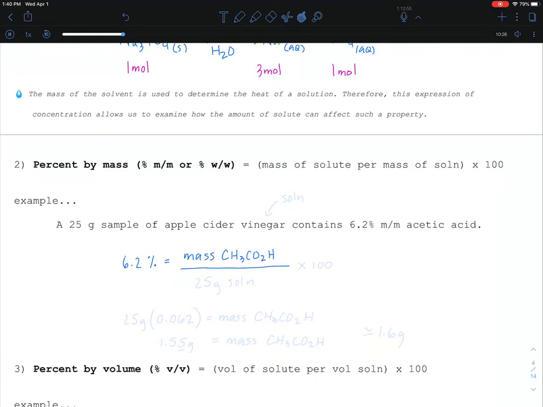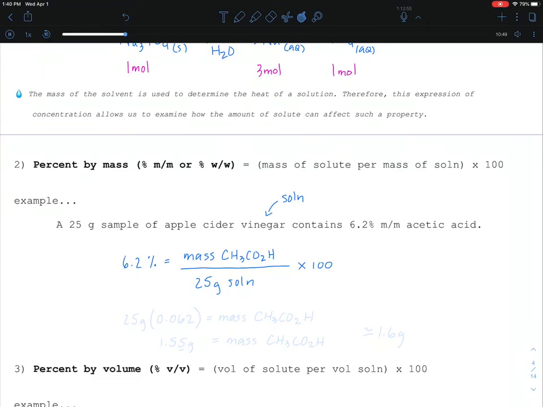We're going to divide this by the mass of the solution, and they give that to us. It's 25 grams of solution. The solution is the vinegar. Here's your solution. And if we multiply that quotient by 100, we end up getting that 6.2%, right?